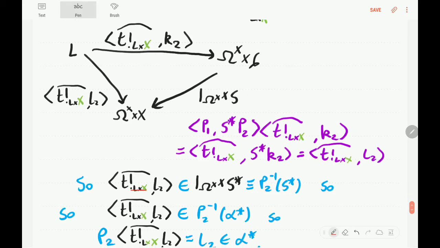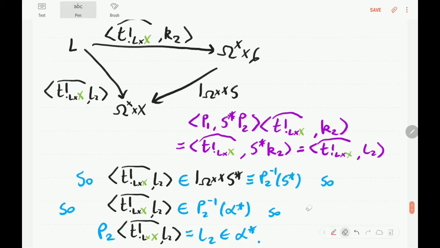So the point really is that we have Z comma L2 is in identity times S. And we know identity times S is the pullback of S along P2.